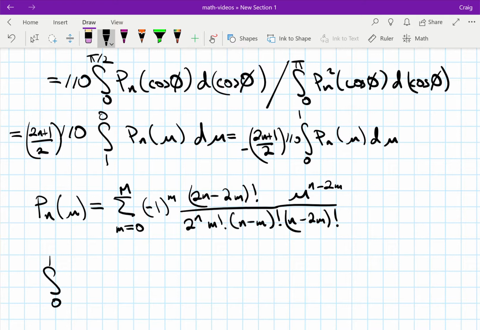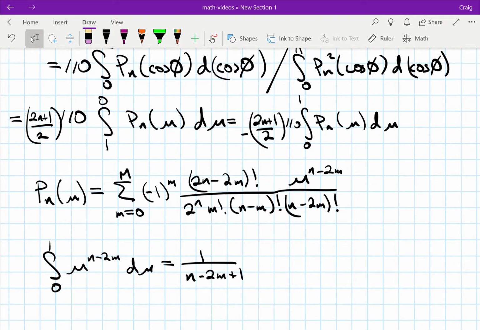And so I'm integrating a power of mu, so this is mu to the n minus 2m d mu, and so this equals 1 over n minus 2m plus 1.